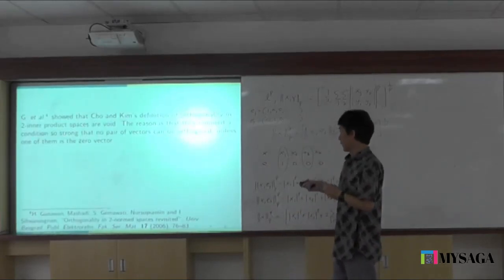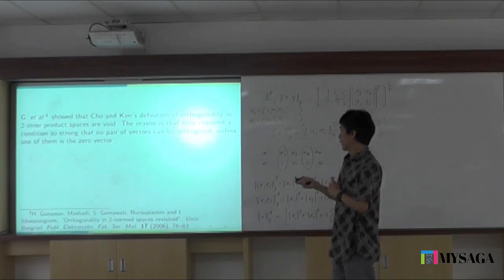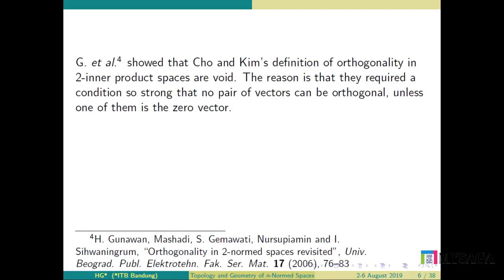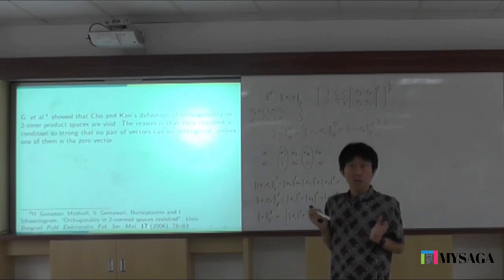So me with my collaborators, they're all from Indonesia, showed that Cho and Kim's definition of orthogonality in inner product spaces is void. What does that mean?